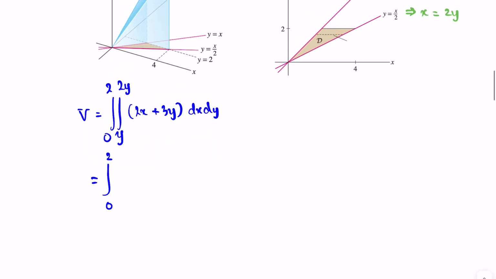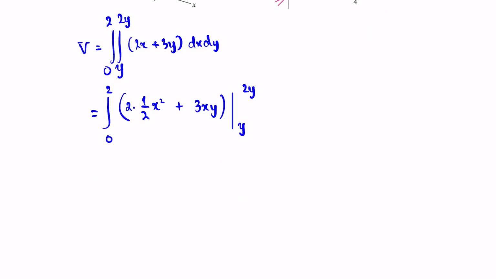At this point, you can evaluate this integral as follows. You get the integral from 0 to 2 of 2 times 1/2 x squared plus 3xy, evaluated at the functions y and 2y. In this case, you integrate with respect to x, so y is a constant, therefore 3y is also a constant, and the antiderivative of 3y with respect to x is 3xy. And we're going to integrate the function with respect to y.